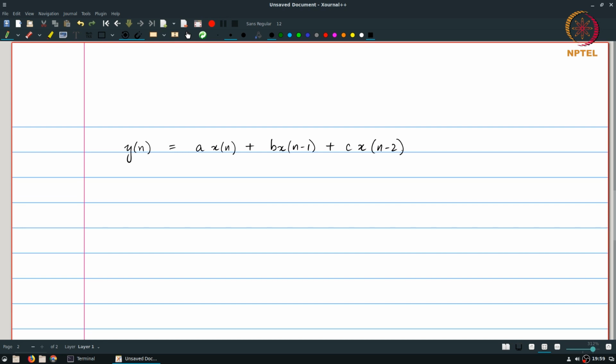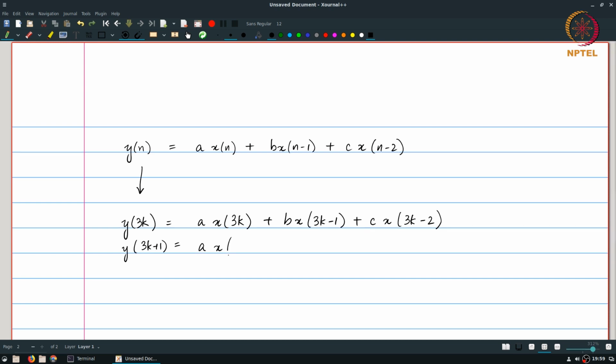Now, what if I rewrite this in terms of a new index variable that I will call k and write it as y of 3k equals a x of 3k plus b x of 3k minus 1 plus c x of 3k minus 2, y of 3k plus 1 will therefore be equal to a x of 3k plus 1, which is exactly the same as before, b x of 3k plus 1 minus 1 which I can rewrite as just 3k itself, and c into x of 3k plus 1 minus 2, which is 3k minus 1.